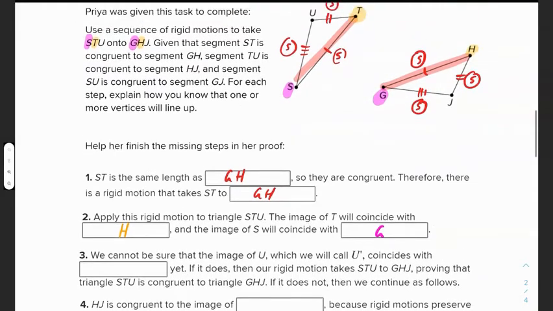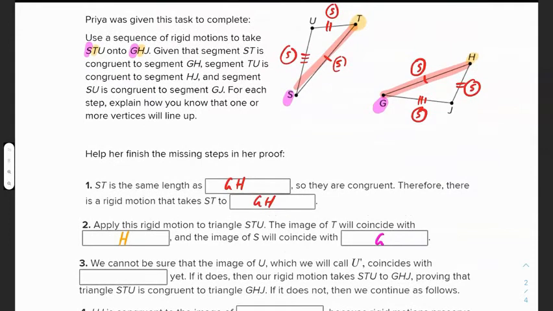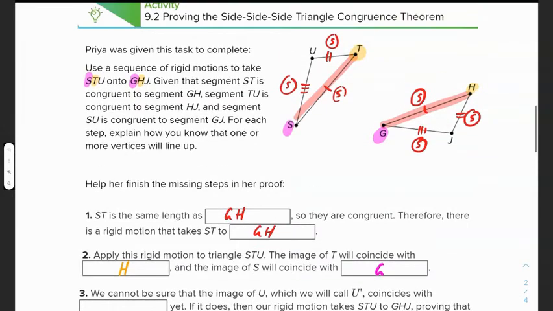All right, so we cannot be sure of image U, which we call U prime, coincides with blank yet. So what it's saying is, who's U supposed to go to? So hopefully you paused and you've realized that maybe U is supposed to go to J, following the pattern of the mappings.